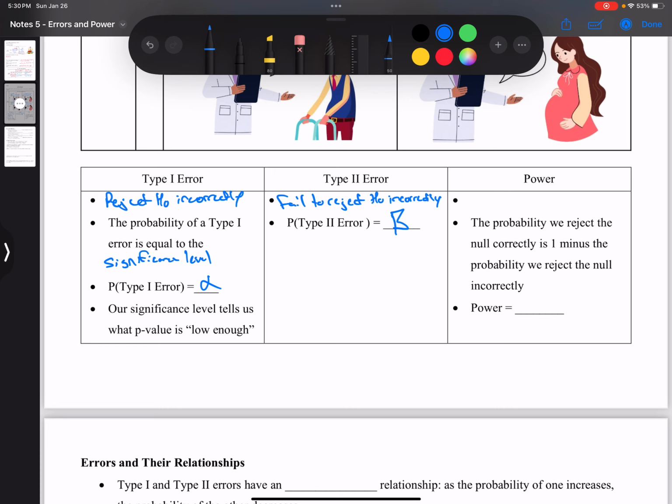And then power is where we reject the null correctly, and the probability we reject the null correctly is 1 minus the probability that we fail to reject the null incorrectly, which is our type 2 error. So power is going to be equal to 1 minus beta.